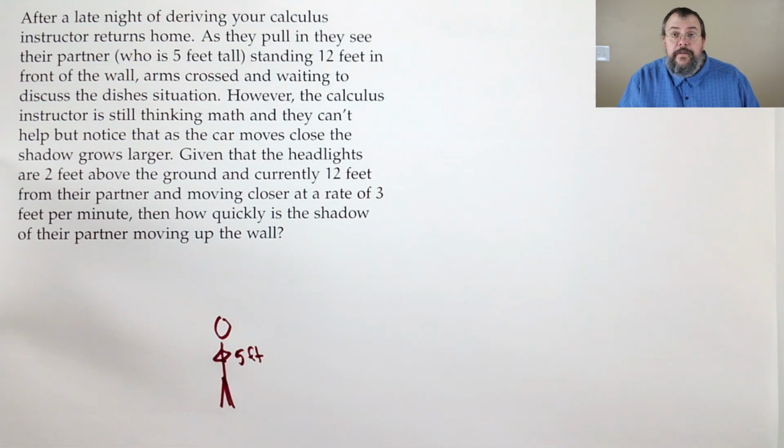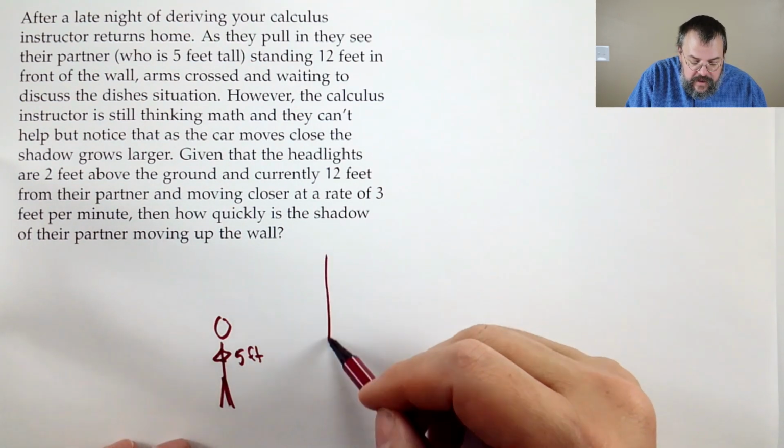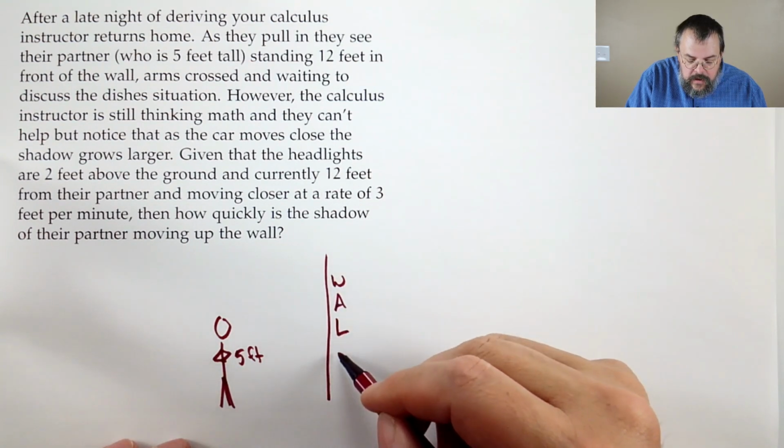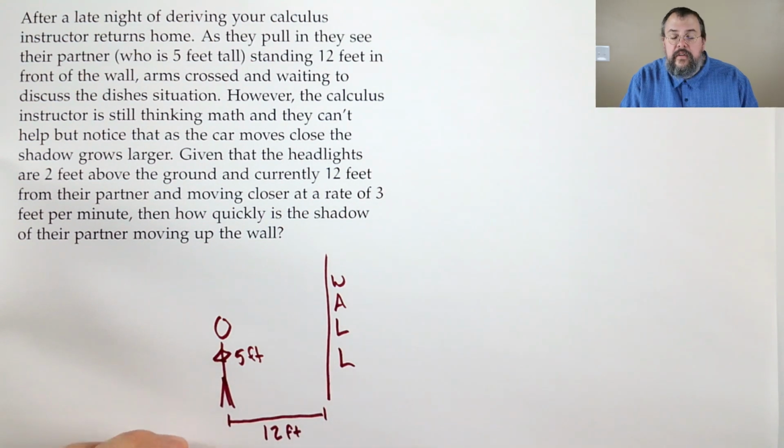People don't grow that quickly, so that's going to be a fixed height. So that's good. They're standing 12 feet in front of the wall. Okay, so here, this will be our wall. And we know they're standing 12 feet in front of the wall. And that is also going to be fixed because they're standing. It's not like they're walking to the wall. They're running from the wall. They're just standing.